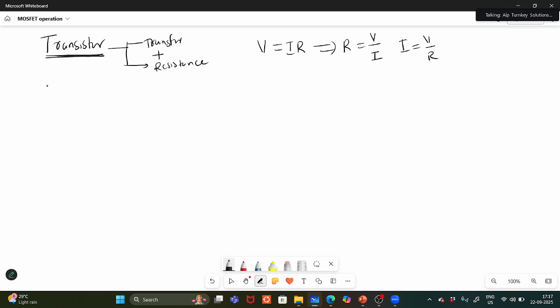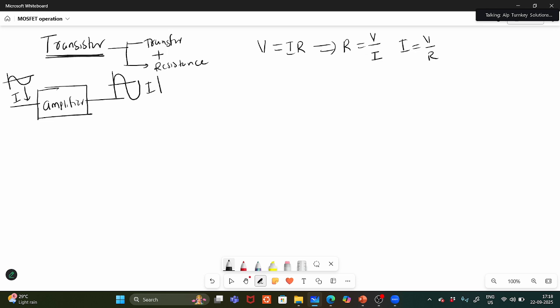Basically, as you already studied, this transistor acts as an amplifier as well as a switch. So what is an amplifier? An amplifier is nothing but something that amplifies a low amplitude signal into a high amplitude signal. It amplifies a low current into a high current.